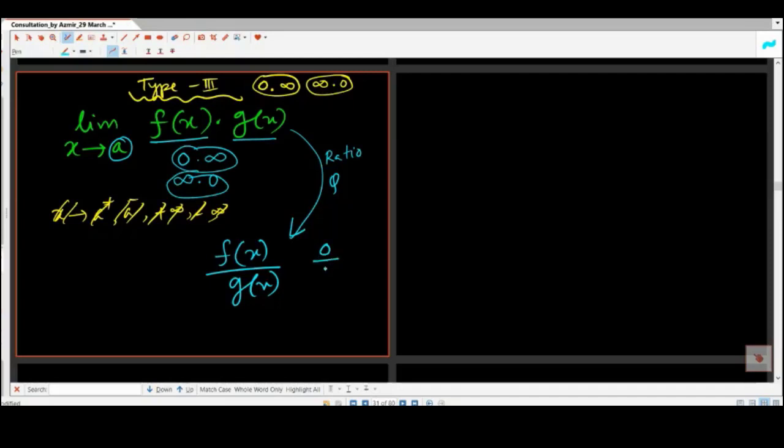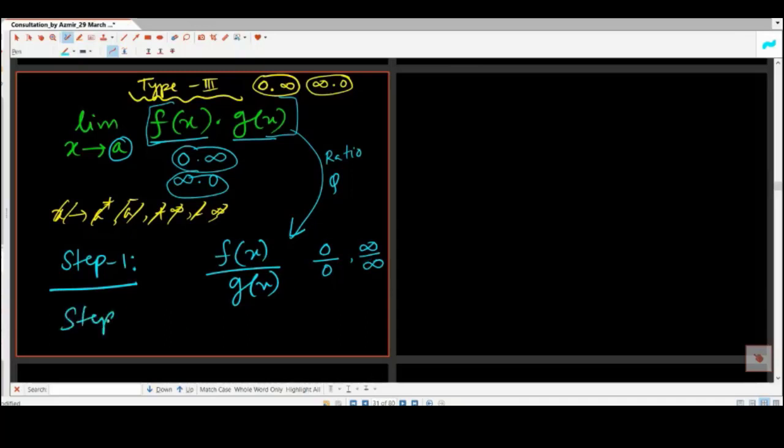That means we have 0 over 0 or infinity over infinity. So in step 1, if we have 0 times infinity or infinity times 0, that means we have the product f of x times g of x. First step will be to convert this product form to the ratio form, that is f of x over g of x form, so that we may have 0 over 0 or infinity over infinity type.